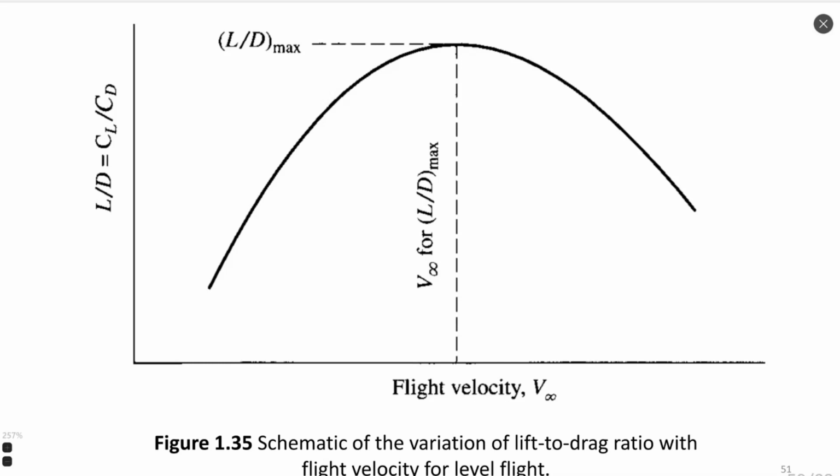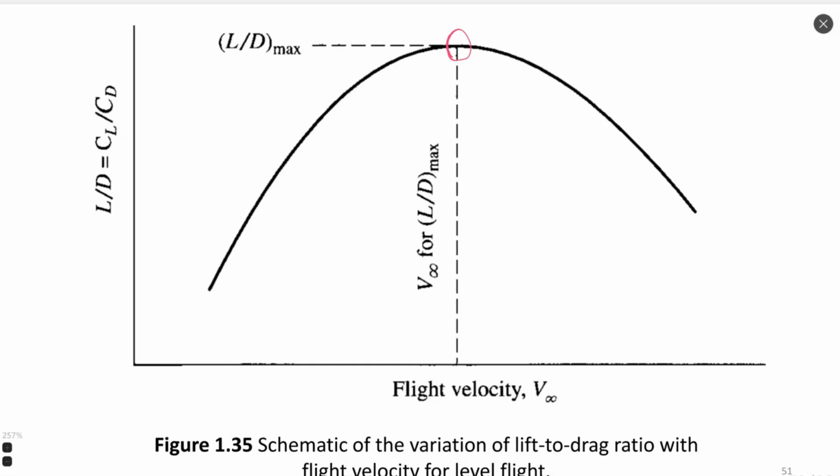We have for each airplane such graphs, not just for the best, but for any type of airplane or airfoil. We can find such graphs where we can see the ratio between lift and drag for various flight velocities. We can find that there is always a maximum at a flight velocity that produces the maximum possible lift to drag ratio.